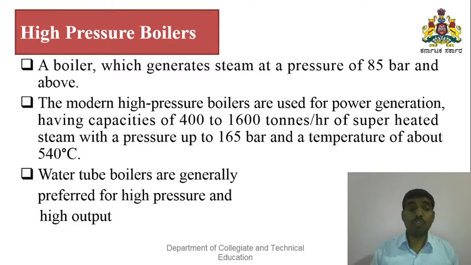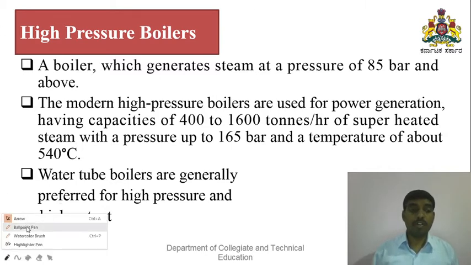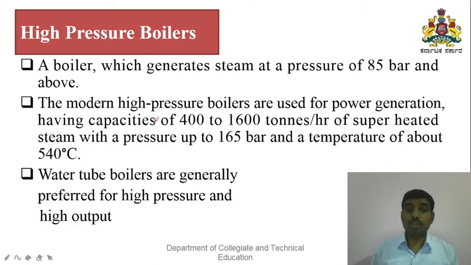Next, the third point: water tube boilers are generally preferred for high pressure and high output. Let's take the main points. If the boiler pressure is more than 85 bar, we call it a high pressure boiler, with a capacity of 400 to 1600 tons per hour of superheated steam, pressure up to 165 bar and temperature about 540 degrees centigrade.